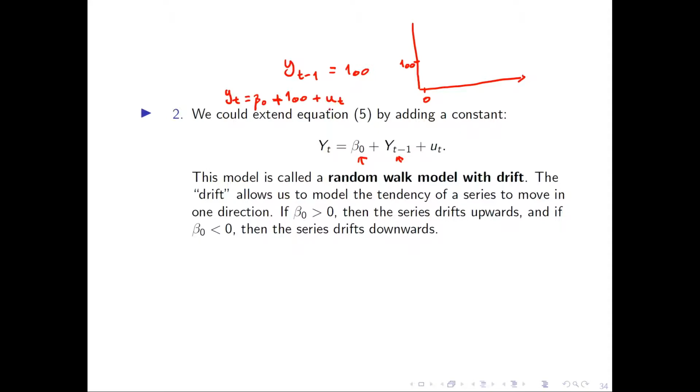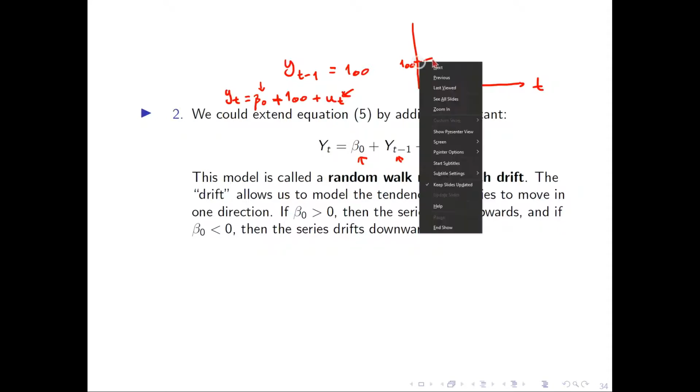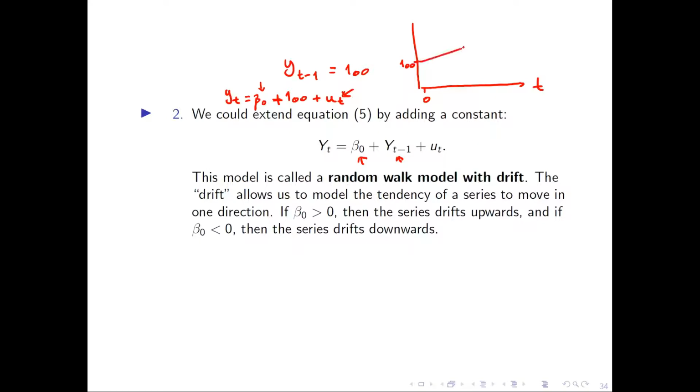So this drift will actually cause the expectation of the, let's see, this was a horrible drawing. Let's see if we can get this more horizontal. Okay, so this drift, if you did not have the error term, then this drift would make this process go upwards.